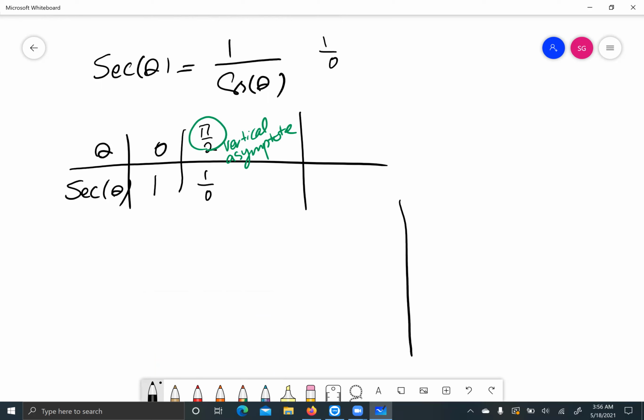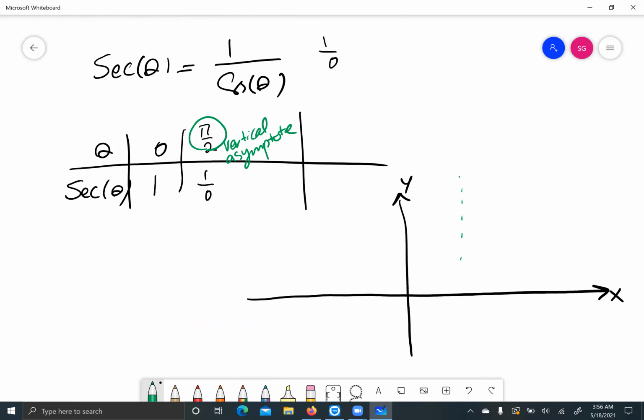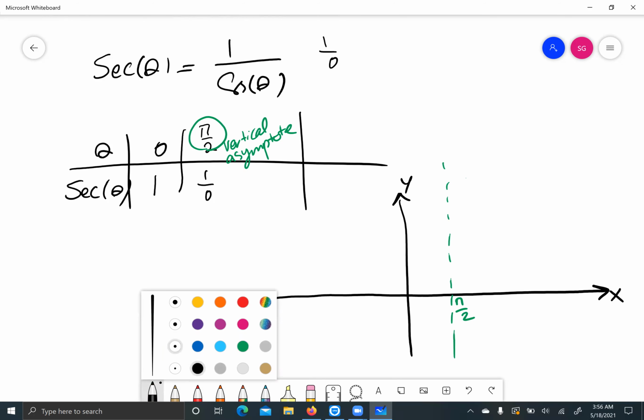Let's plot this. So we know that at pi over 2, there is a vertical asymptote. What are the other vertical asymptotes? Cosine becomes 0 at other places.